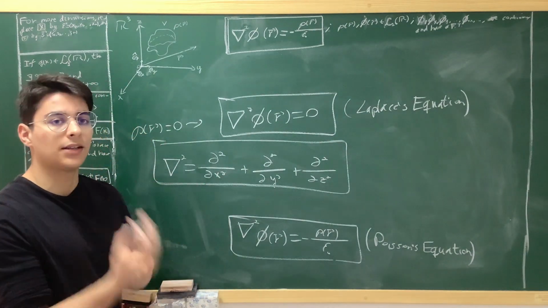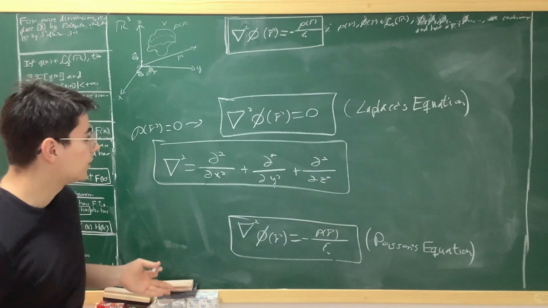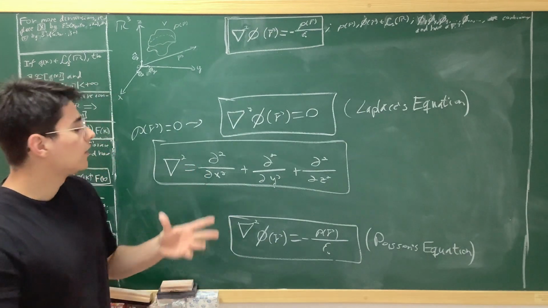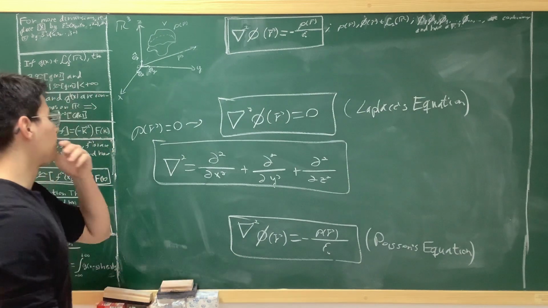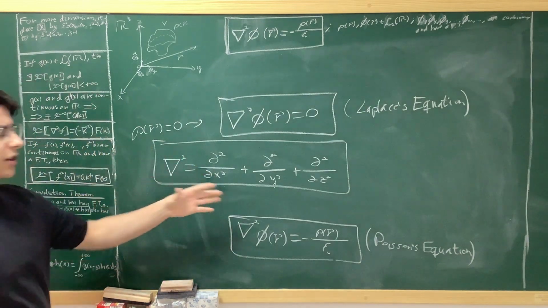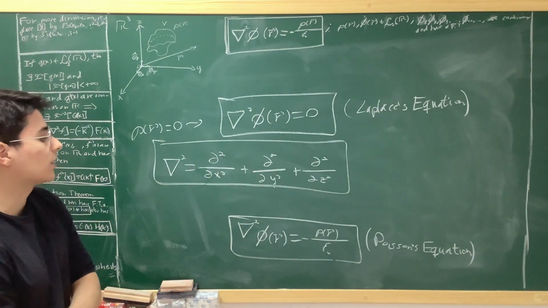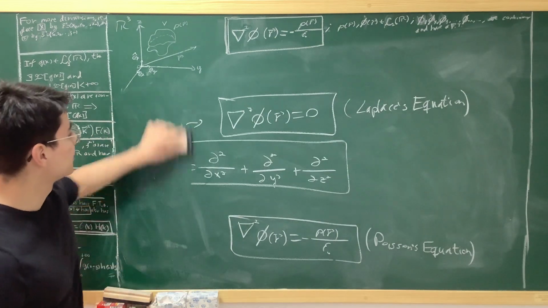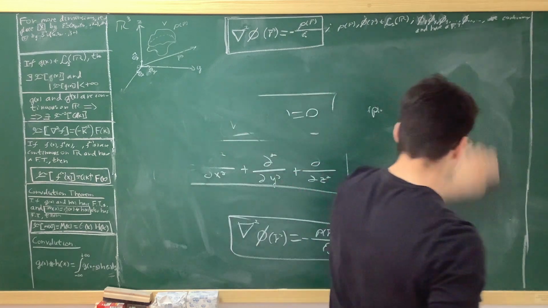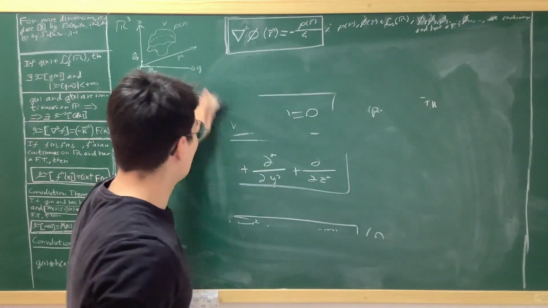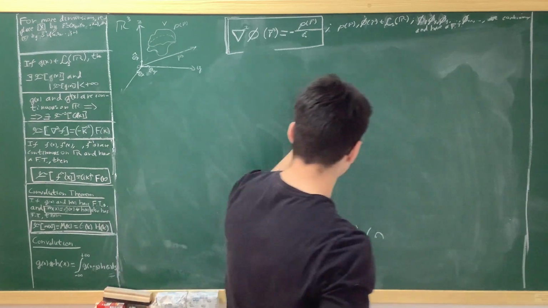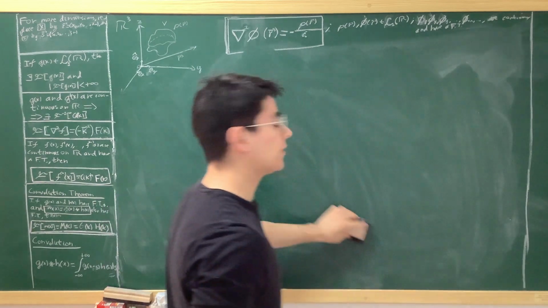In spherical, cylindrical, or other coordinates, this expression will change a bit because the derivatives will have different expressions. So now that we have made this recap about Laplace's equation, Poisson's equation, Maxwell's equations, and Fourier transforms, let's get on with our problem.